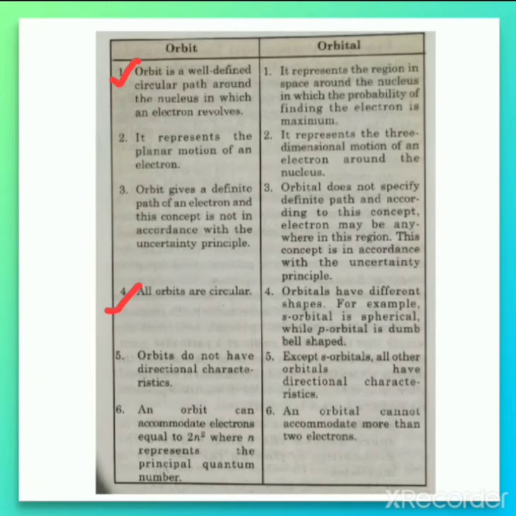The maximum marks for this type of question will be 1 or 2, so these 2 points are enough to differentiate when writing in the exam for a question related to the difference between orbit and orbital. So all of you note down these 2 points in your notebook.